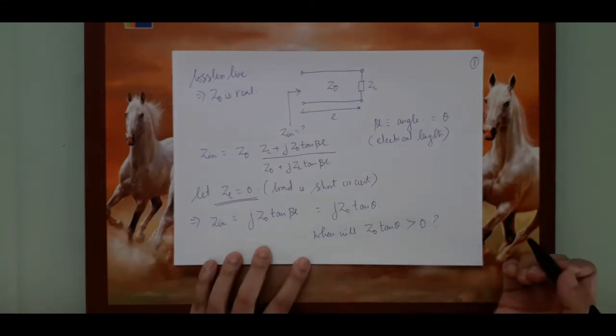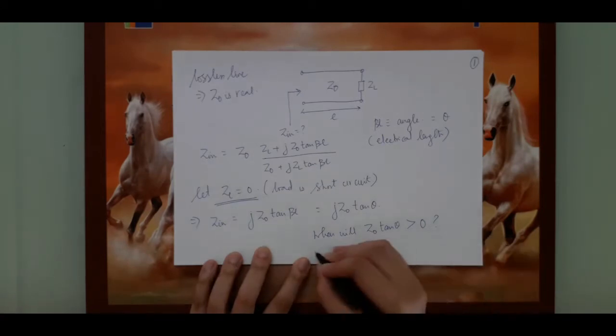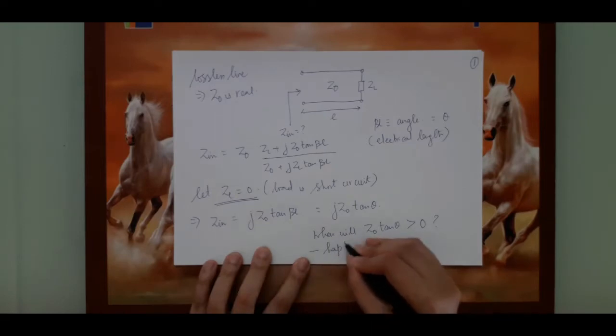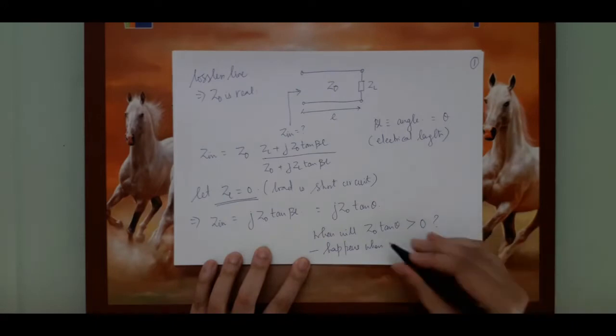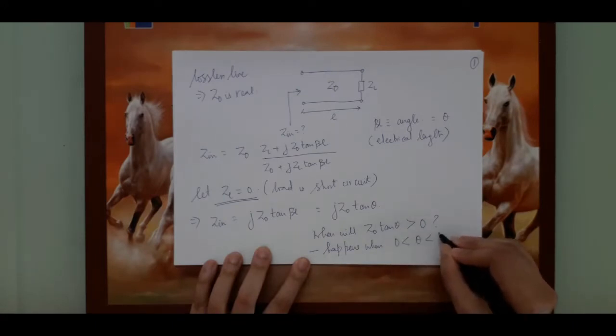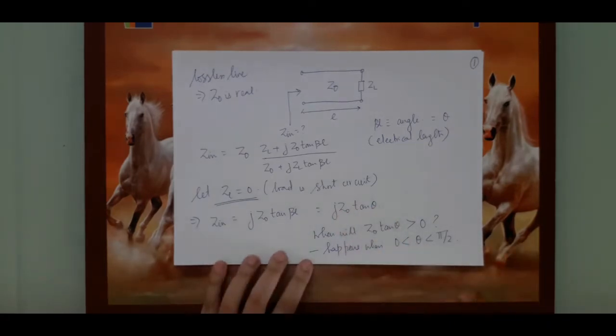Tan theta can be positive depending on the value of theta. So I can say that this will happen when, let's say for a special case, theta is between 0 and pi by 2. That is when this entire term Z0 tan theta will be positive.